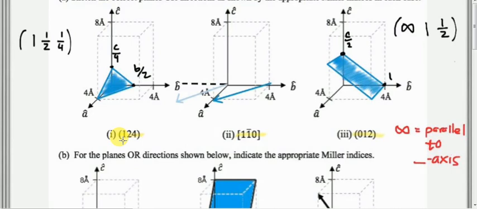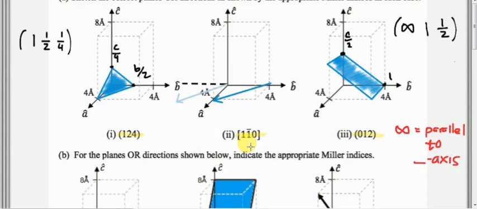So in order to go back to the intercept, we have to take the reciprocal: 1 by 1, 1 by 2, 1 by 4. So along the A axis it is 1, along the B axis it is half, and along the C axis it is 1/4. So this is that particular plane. I think it's clear now.